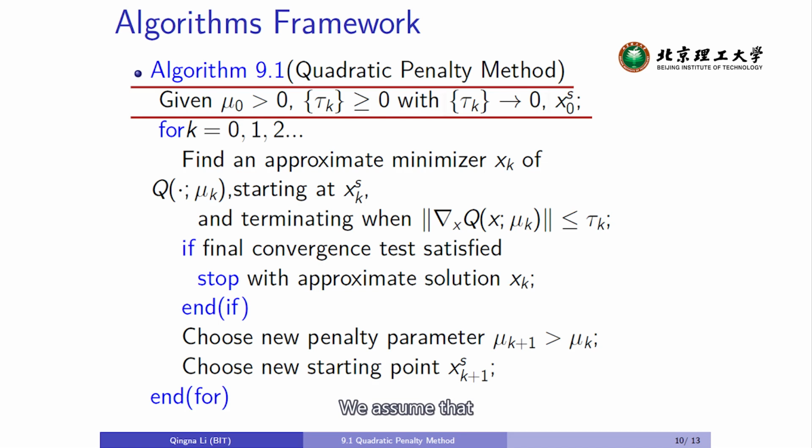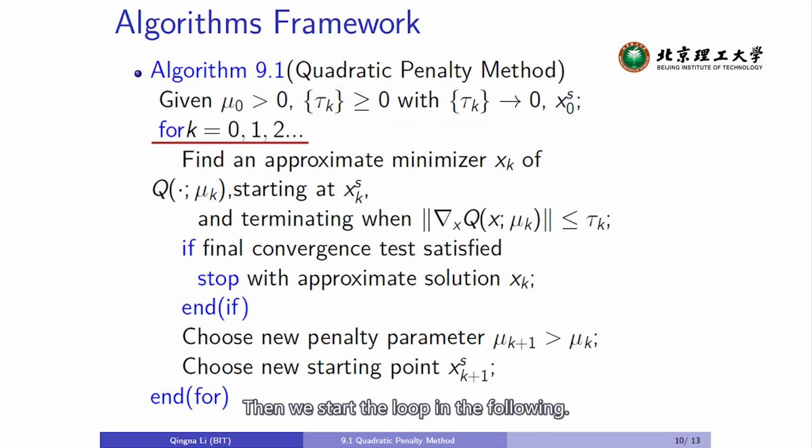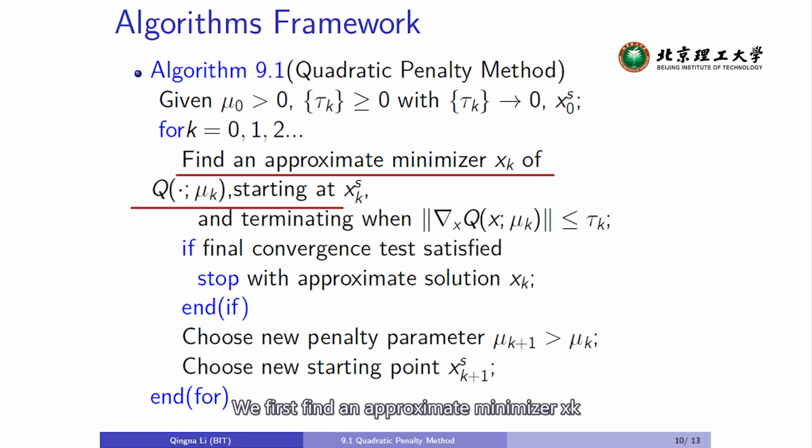We assume that tau_k goes down to 0, and we have the starting point x^s_0 for the first loop. Then we start the loop. We first find an approximate minimizer x_k of the quadratic penalty function with the starting point at x^s_k.